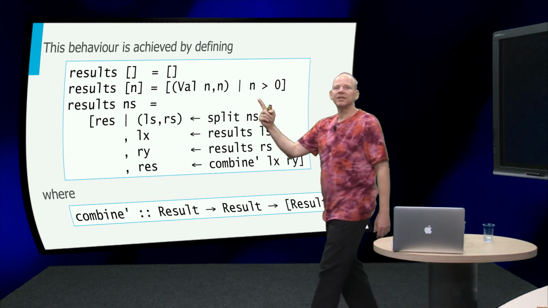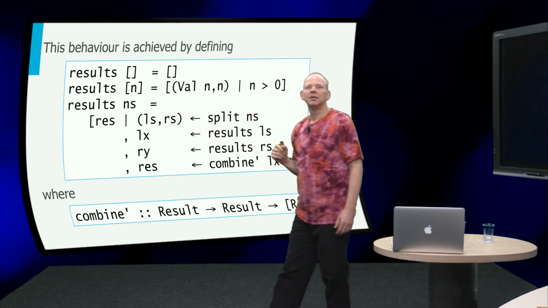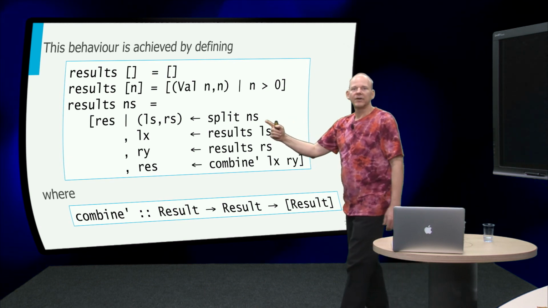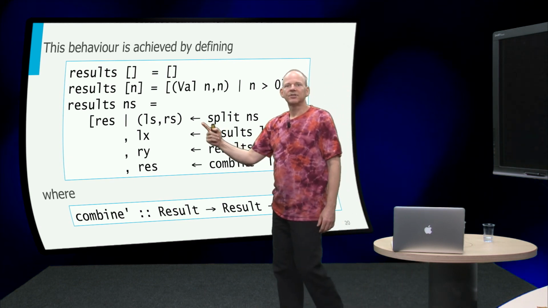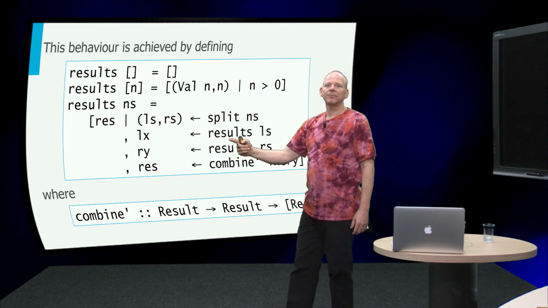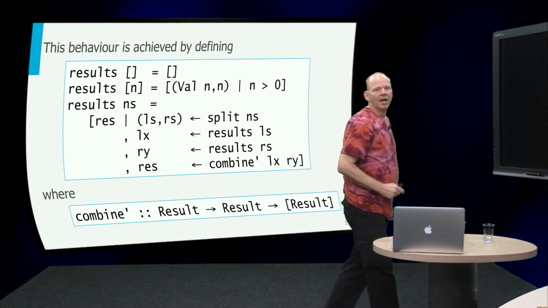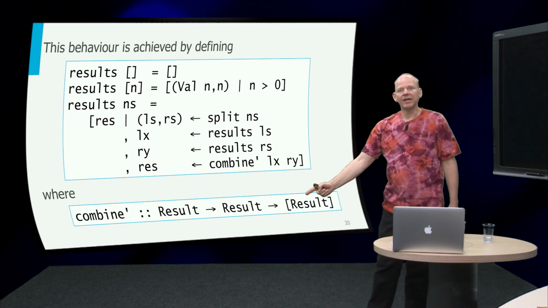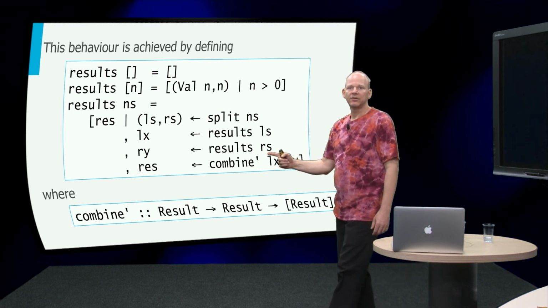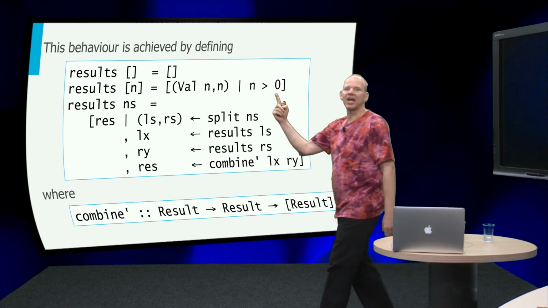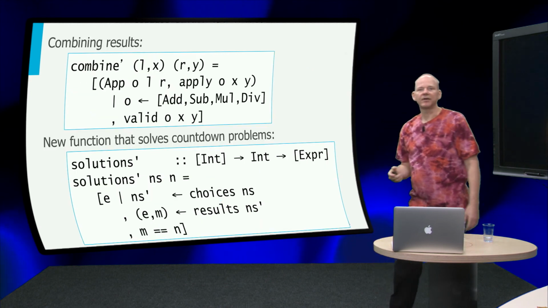So now we can put this test right here. The rest of the code is fairly obvious, where we do exactly the same, except that we recursively call results. Then we still have to define the combine function, which will check whether the results are valid.